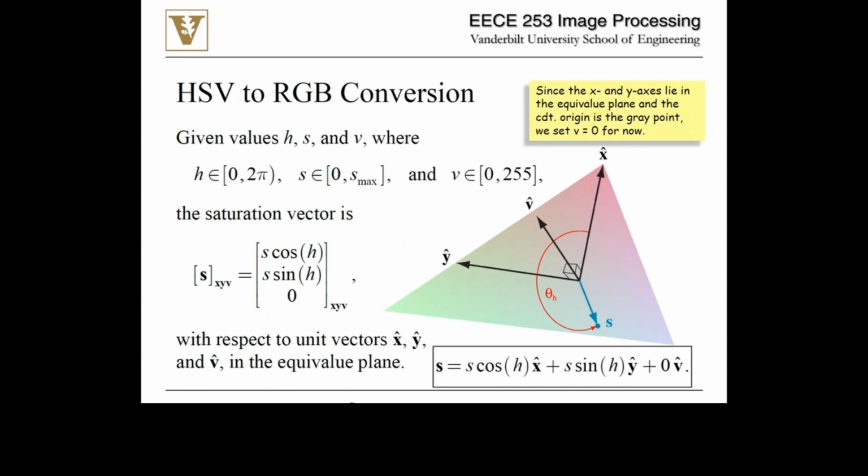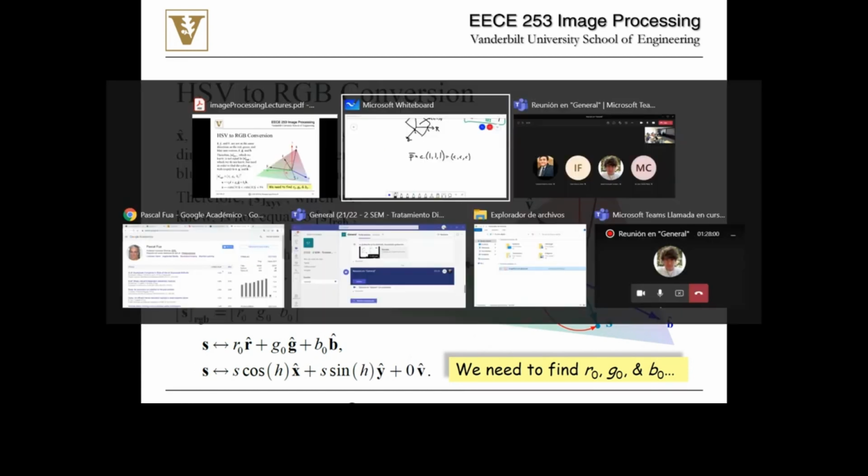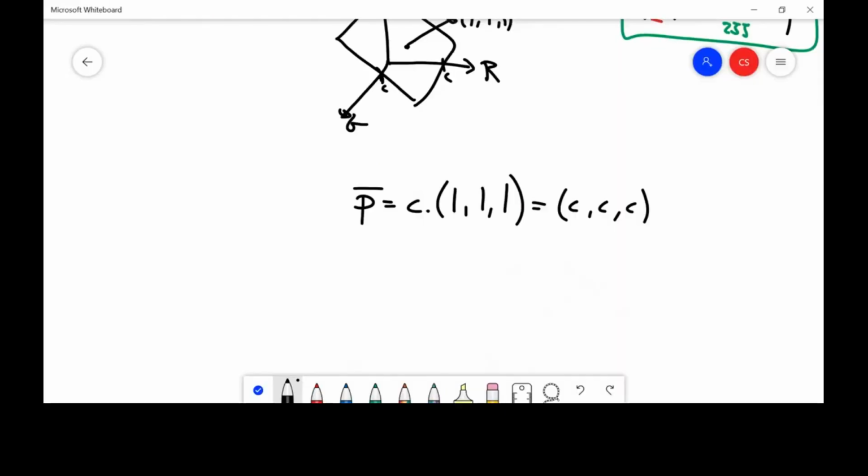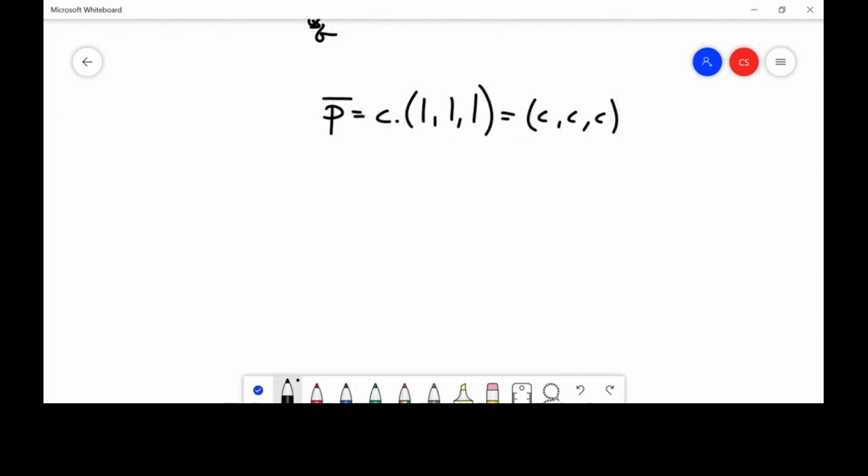So I have to translate this coordinate, that is simply polar coordinates within the plane, into coordinates of the kind of universal RGB coordinate system. Okay, so let's do that. What do we know so far?